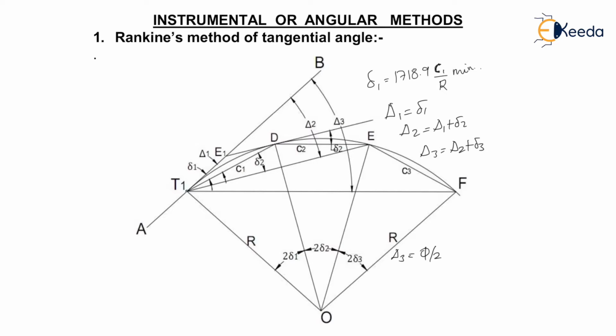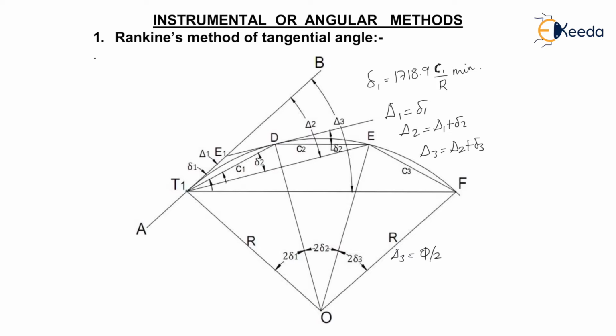Direct the telescope to the ranging rod at the point of intersection B and bisect it. Then release the vernier plate and set vernier A to the first deflection angle, delta 1, which we have calculated, that is total delta 1. So we set delta 1 on the horizontal scale from T1.